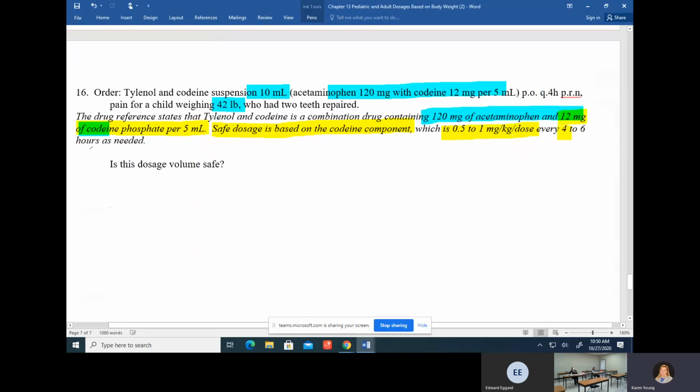All right. So first thing I'm going to do is determine the safe dosage range.